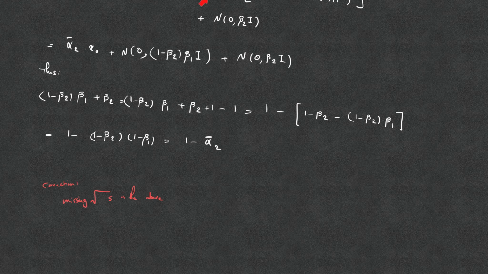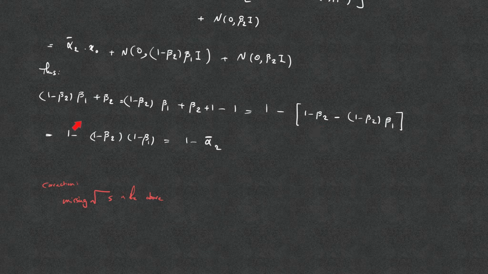Now you can see that with this multiplication you essentially have the square root of alpha 1 times the square root of alpha 2, so this will be the square root of alpha bar 2. And as you can see, the square root was missing over there, but that would be what it would be. And then you have two normal distributions, one with this covariance, the other one with this. So you can essentially sum them up.